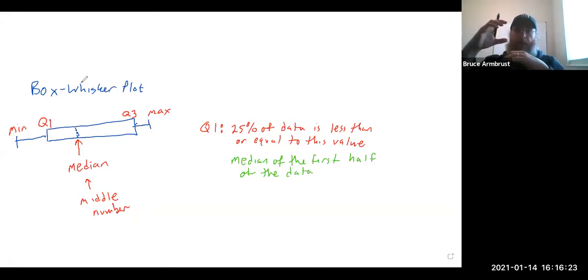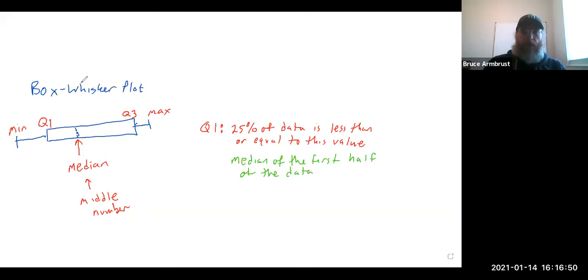And we just look at the first half. Then the median is that middle value for that half. And so we find it the same way we find the median. We're just concentrating on the first half of the data. So it's the middle value of that half, or it's the average of the 2 middle values if they're an even number there. All right, so that's what Q1 is.